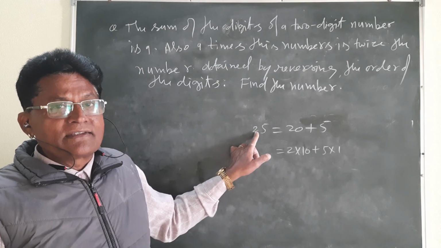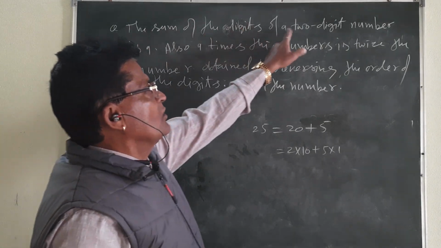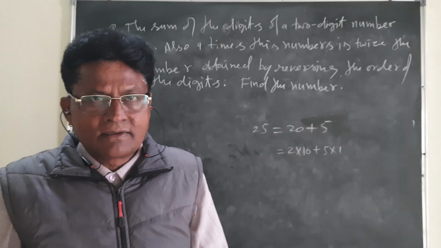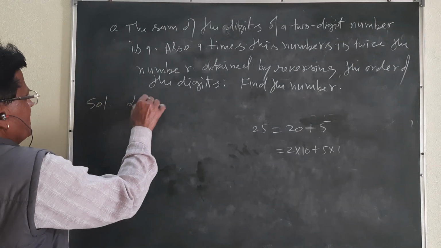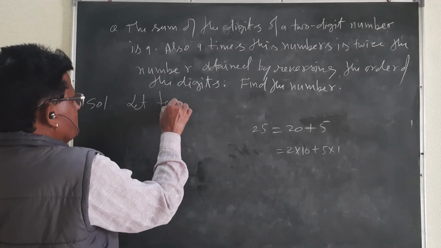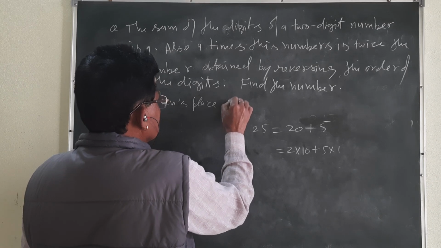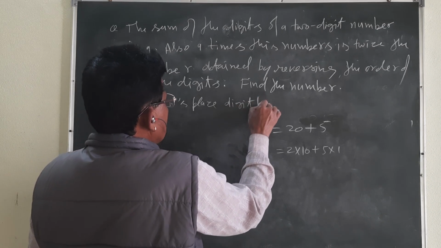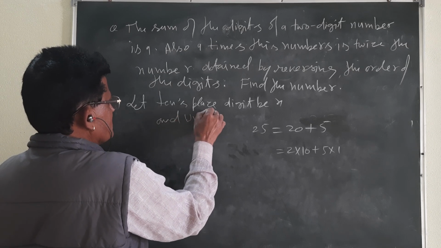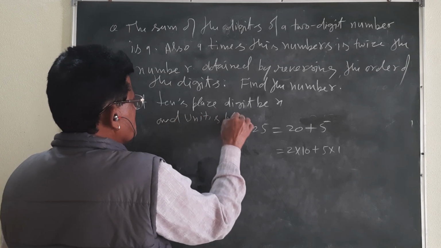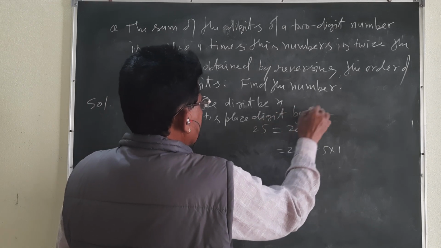You see once again this thing, because I will assume here the two-digit number. Here it is given, the sum of the digits of a two-digit number. Try to understand, let the tens place digit be x and the units place digit be y.